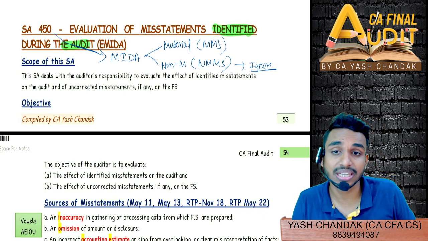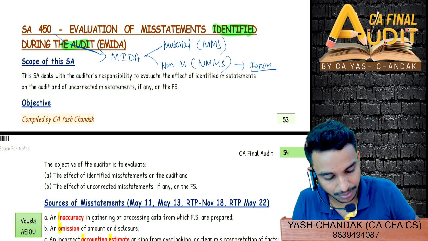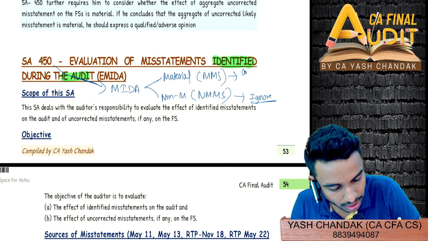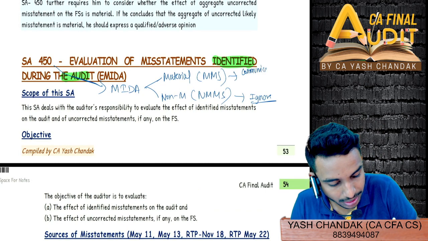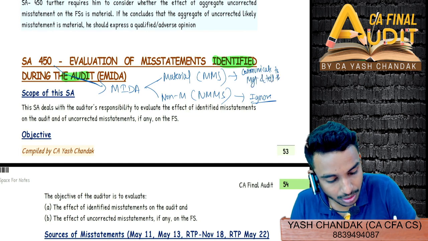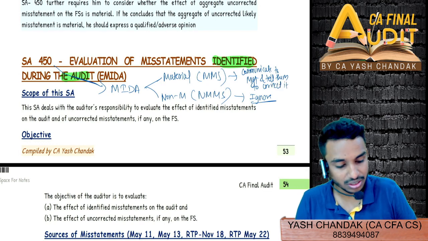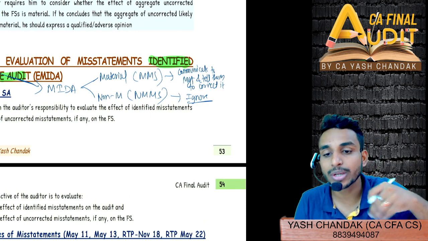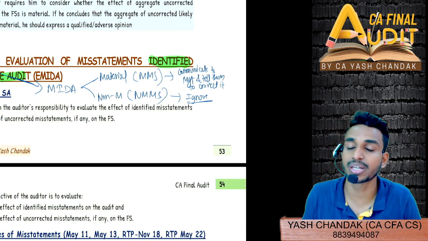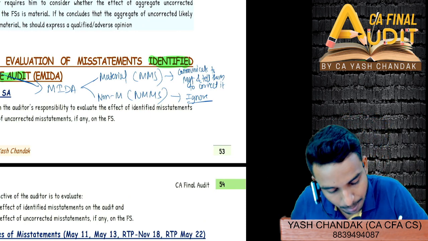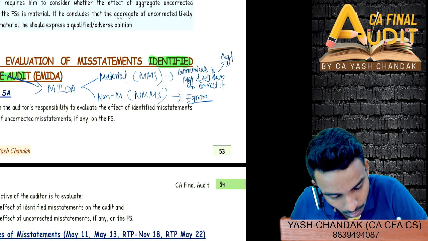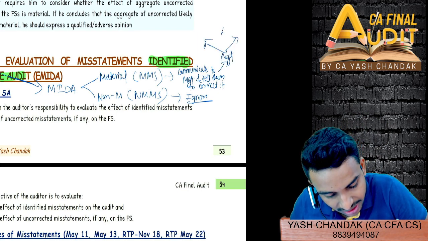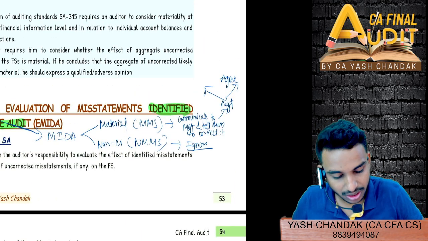But if it is a material misstatement, you will communicate to management and tell them to correct this misstatement, since it is material. Now management will either agree to correct, or they will not agree.